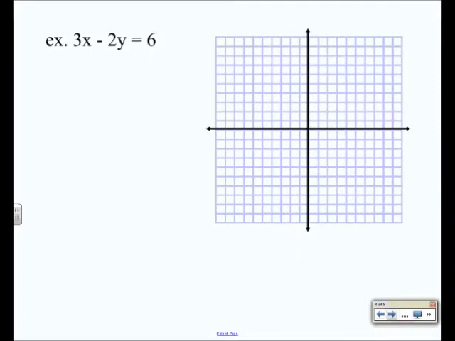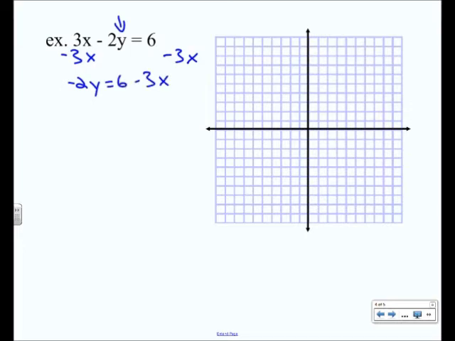So what happens if we don't have y set equal to something, and we don't have that form set up already? Well, we can solve for that. We can get y out by itself, and we can use our formula to draw a line. So let's do that. We're trying to get y by itself. If we remember a little algebra, first thing we're going to do is subtract 3x from both sides. That's going to give us -2y equals 6 minus 3x.